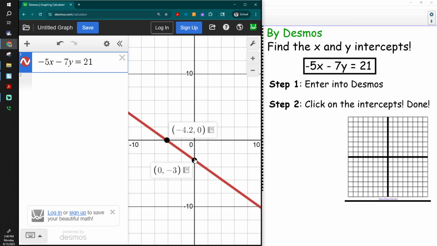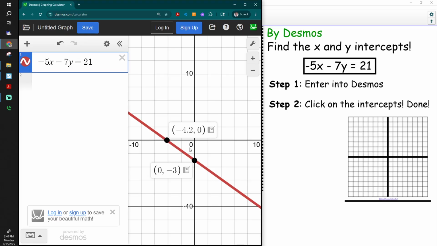Those are the x-intercept and the y-intercept. If you're not clicked on the line, do you see them? You have to click on the line and look. Boom, answers. This is the x-intercept. This is the y-intercept.